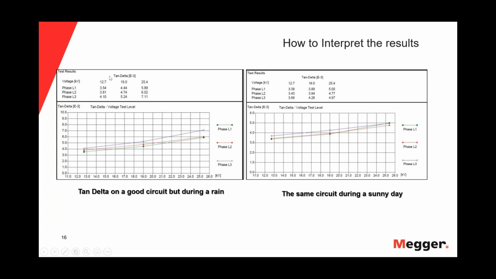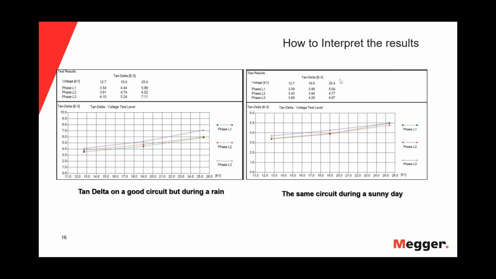This is the same cable. One is in the rain and one is on a sunny day. The voltage in kV is 12.7 here, 19 here, 25.4 here. Phase 1, phase 2, phase 3, this is your tan delta value at each step. Here, 589, 602, 711, represented by this blue phase in L3.